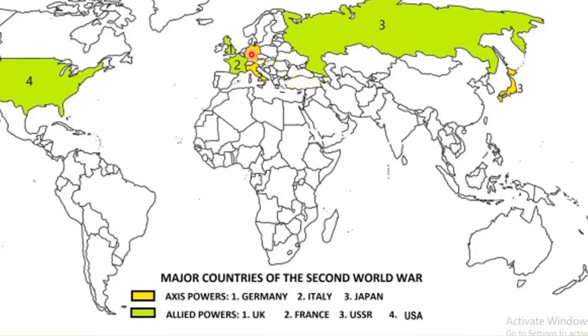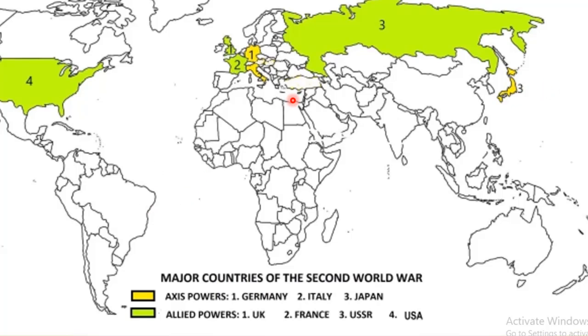And Italy is also nearby, just below Germany. Okay, this is Italy. And Japan is far away. Go extreme right side towards the eastern side of this map, Japan. Though Japan was far away, Japan was part of this group. Germany, Italy, and Japan, number 3.